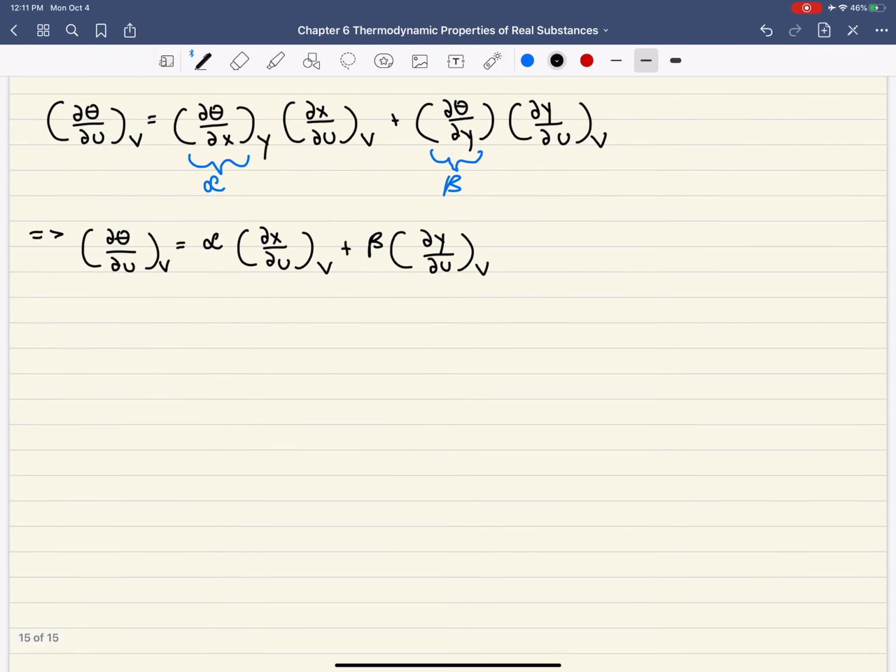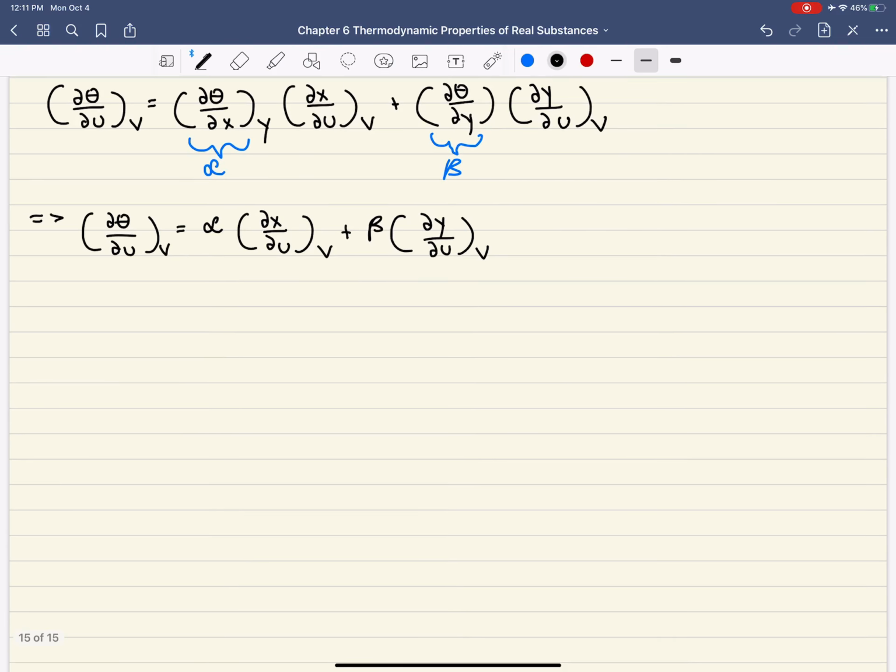The next tool that we'll use quite a bit is the triple product rule.